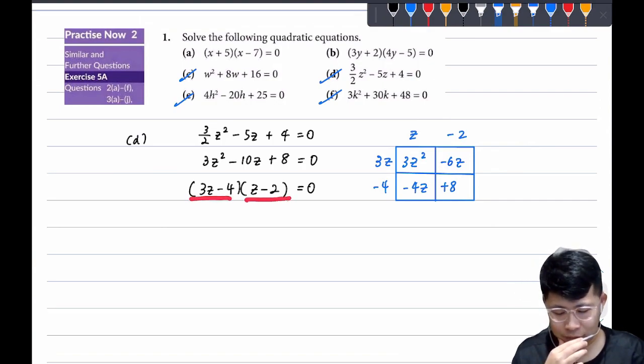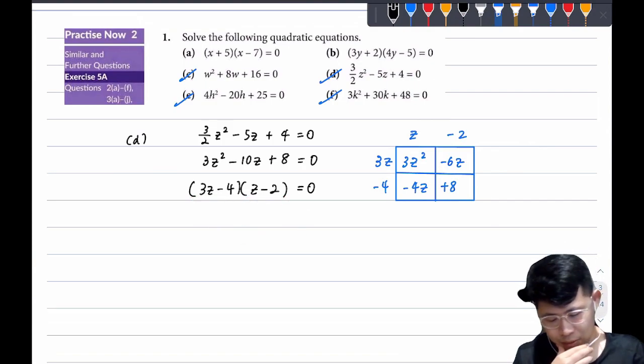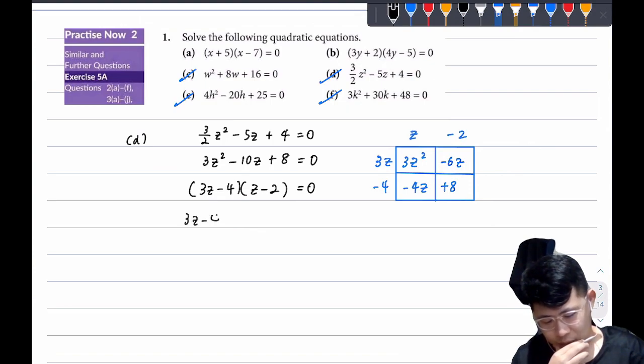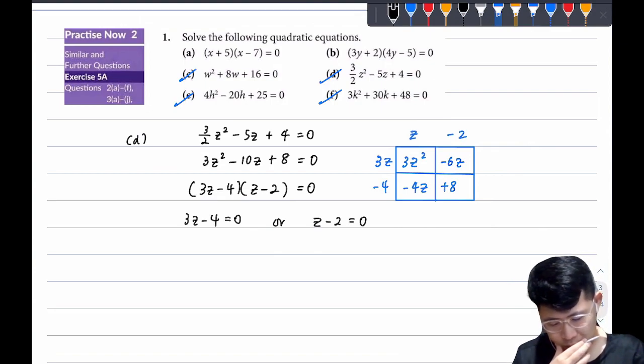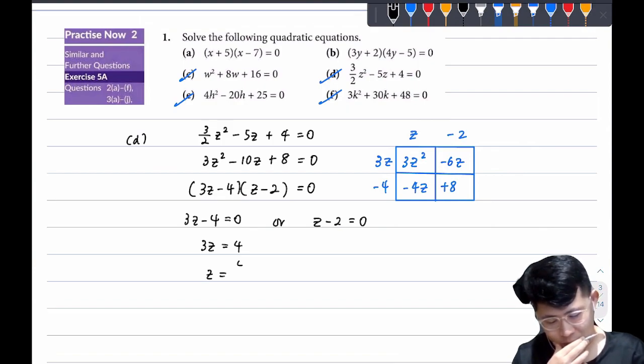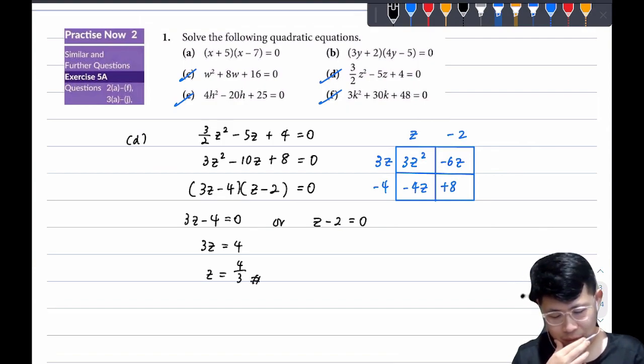So it's either the first one equals to 0 or the second one equals to 0. We see it like this over here using the zero product property. Then to solve this, we just slowly isolate our z. So z will be 4 over 3 and z is going to be equals to 2.